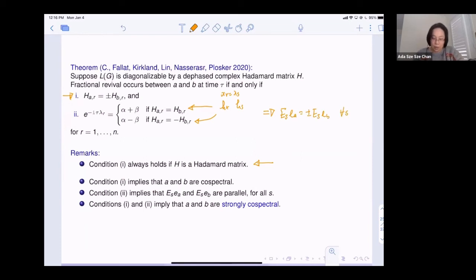Maybe I shouldn't be using S. Let's use J. So it's telling me that, and in this case, we say that these two vertices are strongly cospectral, when we have this condition happening.